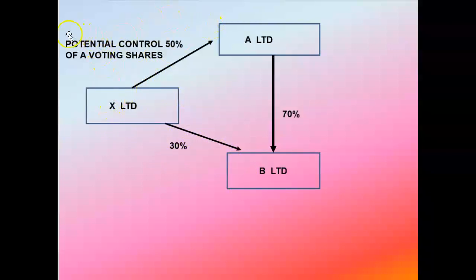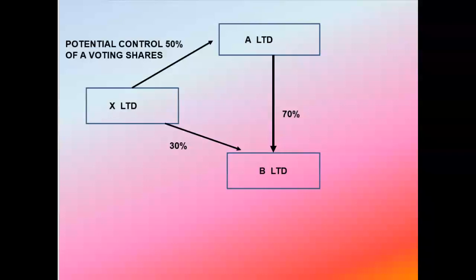X Limited has the potential control over 50% of the voting shares in A Limited. So is A Limited now a subsidiary of X Limited, and therefore the group structure being X, A, and B, with X being the holding company or the parent company?